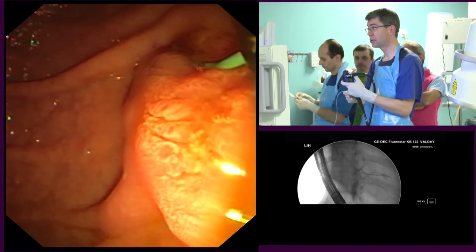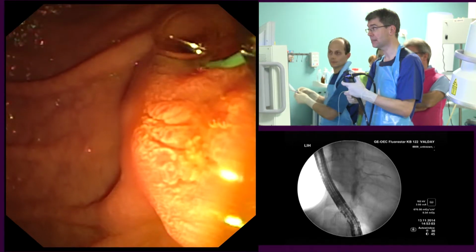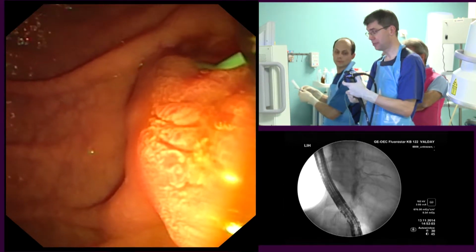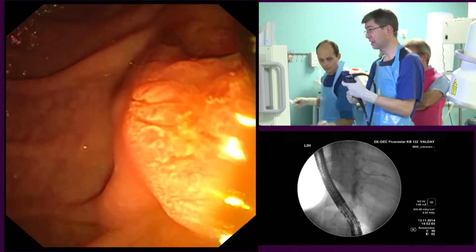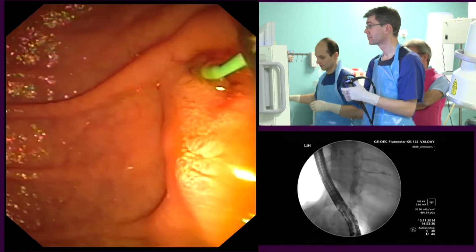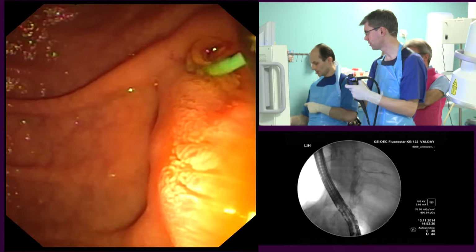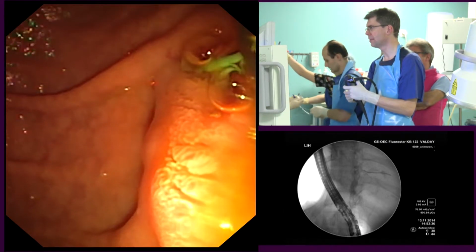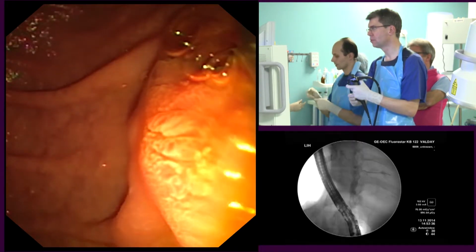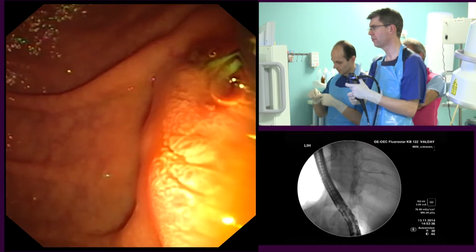I hope we are going to get some nice pictures from inside the bile duct, and you will see how much the bile duct wall has changed. Now we've got a different wire in place, a little bit smaller in diameter. Again, we try to advance this tiny balloon, which is a very delicate accessory, but very helpful in these cases.